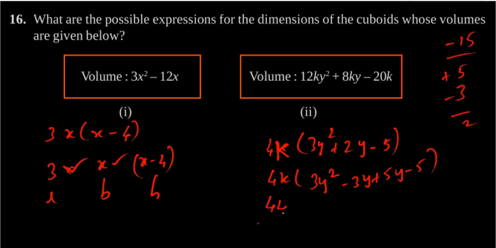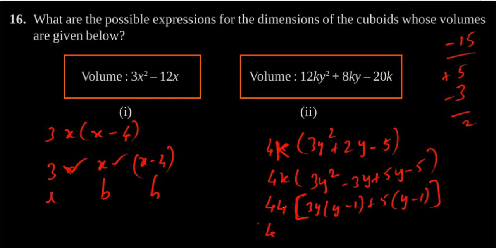So 4k times, here if we take 3y common outside, we will get y minus 1. In the next 2 terms, if we take 5 common outside, we will get y minus 1. So y minus 1 is common in both of these terms.